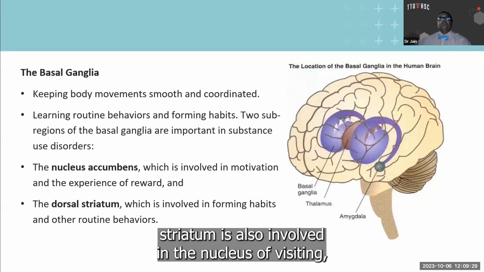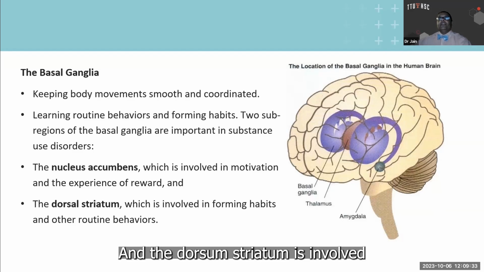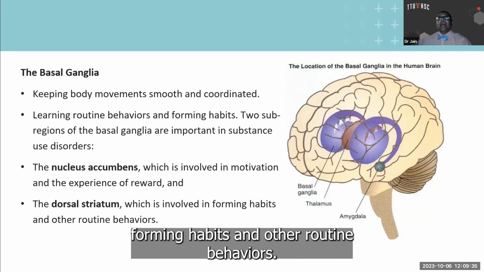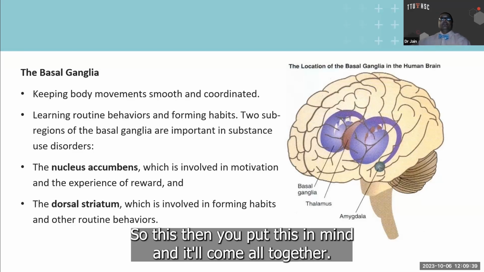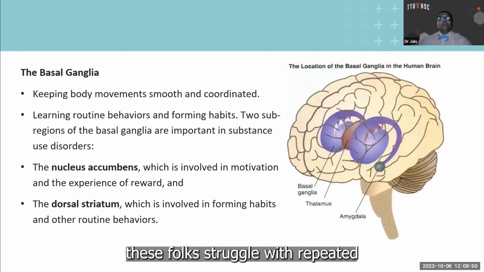The nucleus accumbens is involved in motivation and experience of reward, and the dorsal striatum is involved in forming habits and other routine behaviors, right? So just keep this in mind, and it will all come together when we talk about substance addiction and the behavioral effect of why these folks struggle with repeated relapse and continued use of substances.